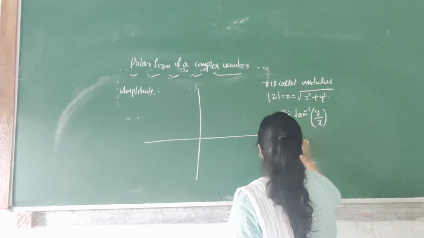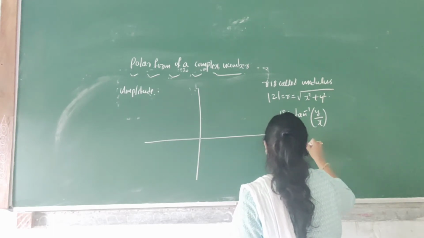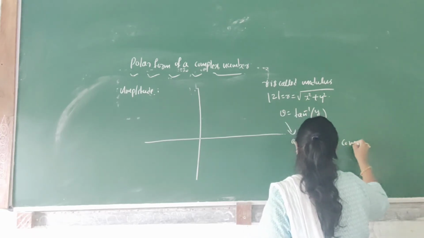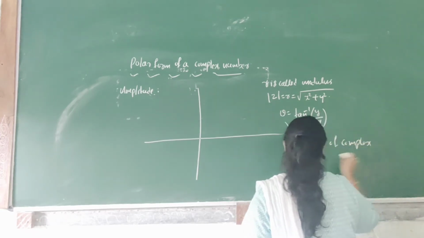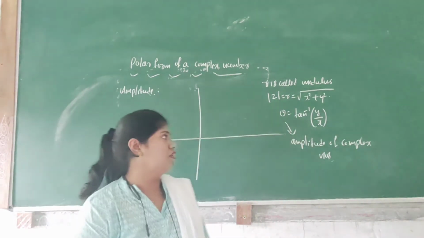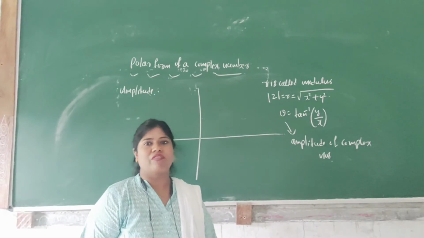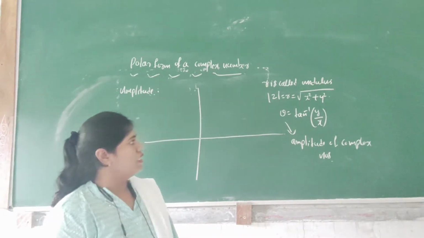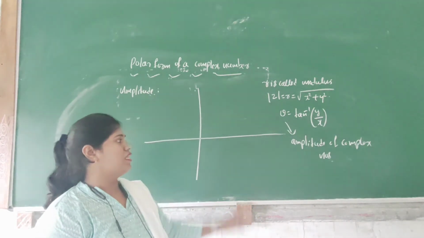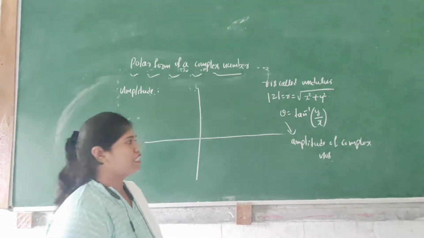This one is the amplitude. Amplitude of complex numbers. You should know that r is equal to the square root of x square plus y square, and theta is equal to tan inverse of y divided by x, where theta is the amplitude of a complex number.